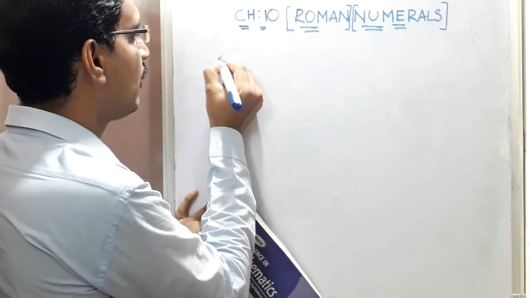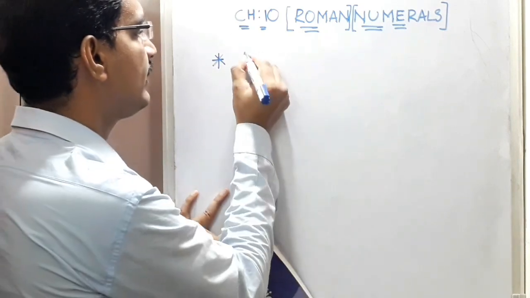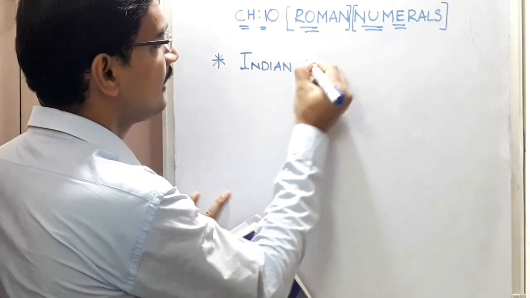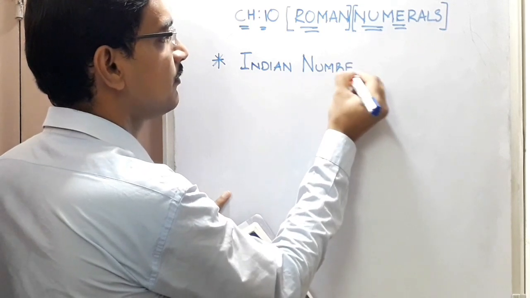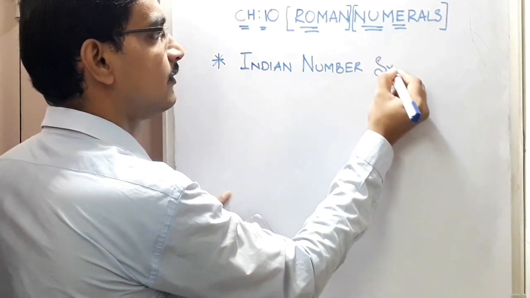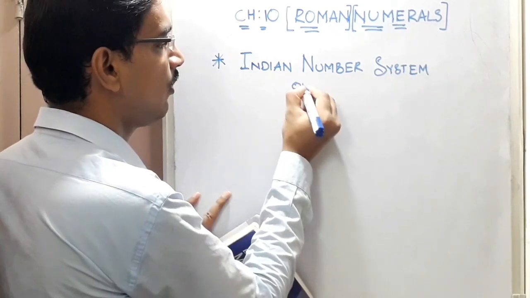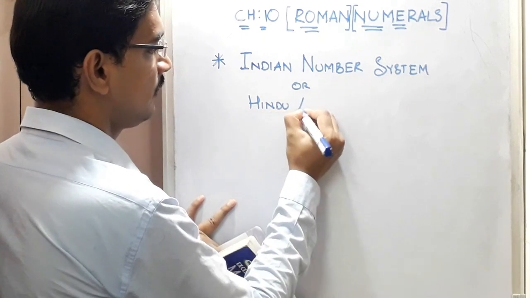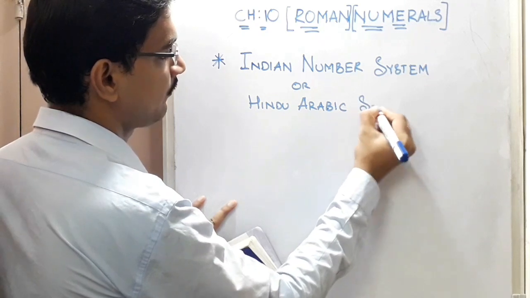As Indians, what is the system we follow? Simply we call it the Indian number system, or we call it the Hindu-Arabic system.